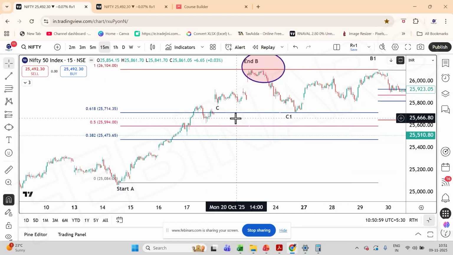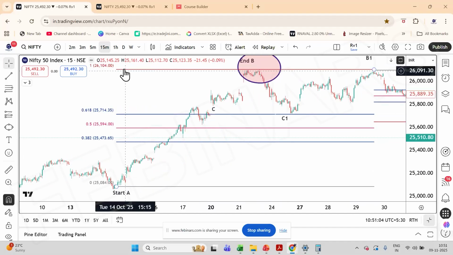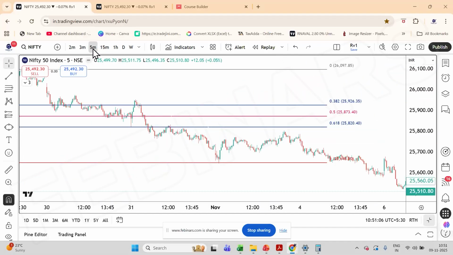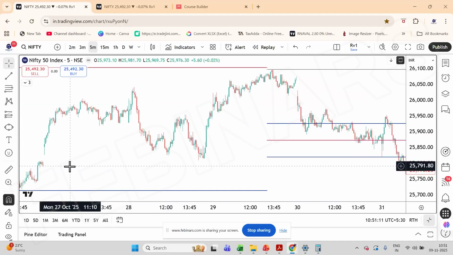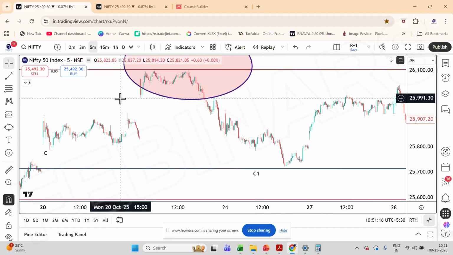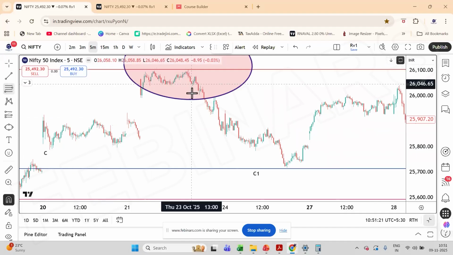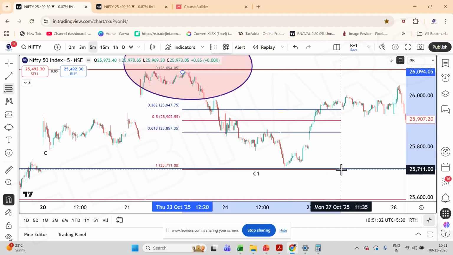Then again what you should do, here we are marking it here. Once the golden ratio is marked and the price starts reversing from there, we are seeing it in an hourly chart. How to take the entry in this trade setup?